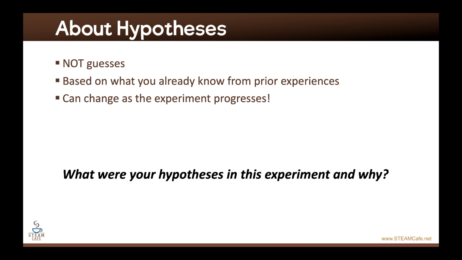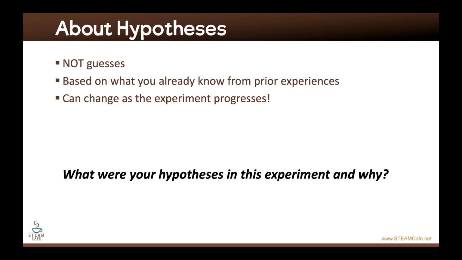If you know, based on the data that you're currently collecting, that your hypothesis is off or wrong, you have the ability to change it. Okay, you should go back and change it. You should be able to say, oh, wow, my hypothesis is wrong, so I'm going to go back and think about what it could be now based on this new experience, these new data points that I've collected.